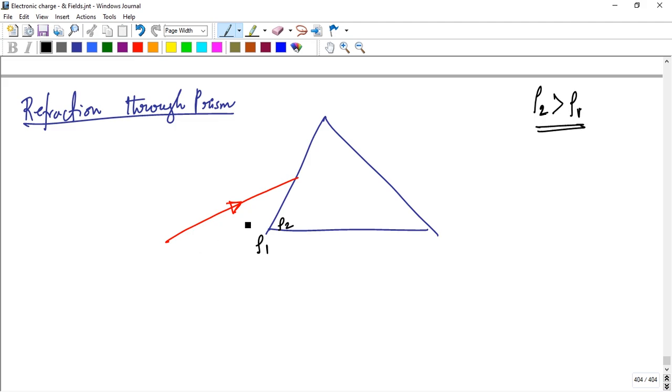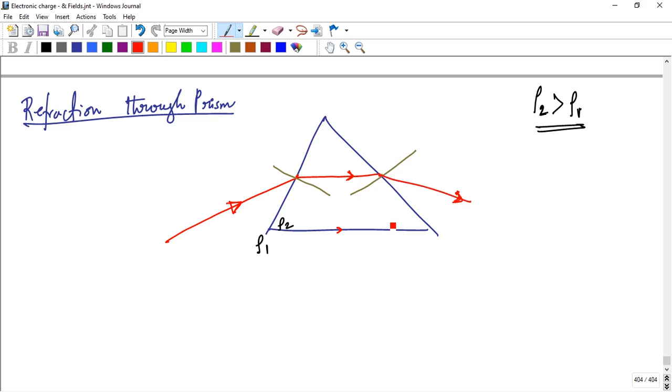Light travels from the rarer medium to the optically denser medium and falls on this interface. Now draw a normal. The refracted ray bends towards the normal, and suppose it is parallel to the base of the prism. Now light travels from denser to rarer, so the light travels away from the normal.